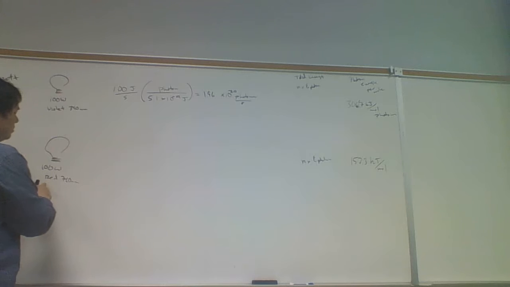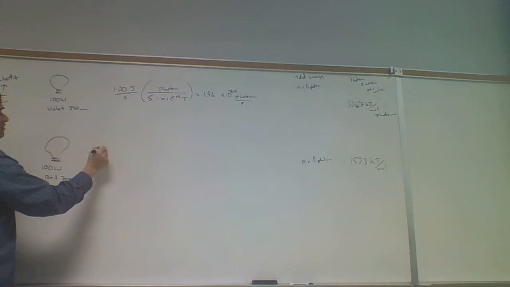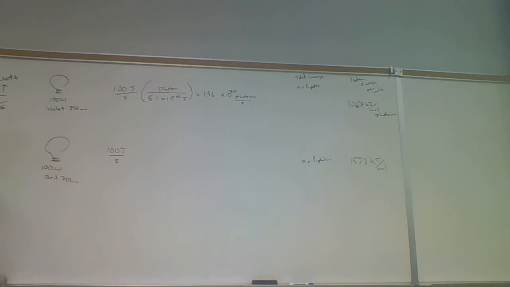So let's take a 100 watt red light bulb. It is going to emit the same 100 joules per second. And so both of these light bulbs are emitting 100 joules of light per second. And so the total energy is the same.